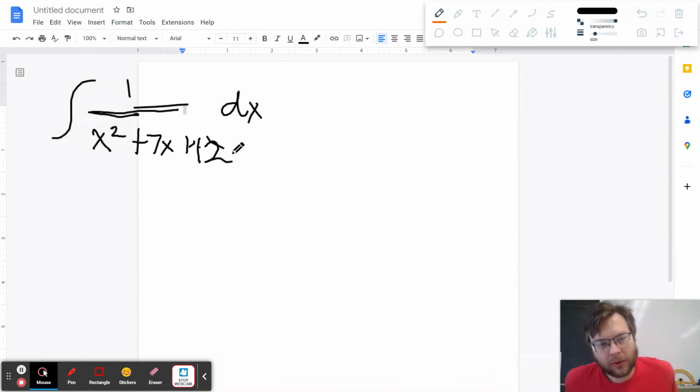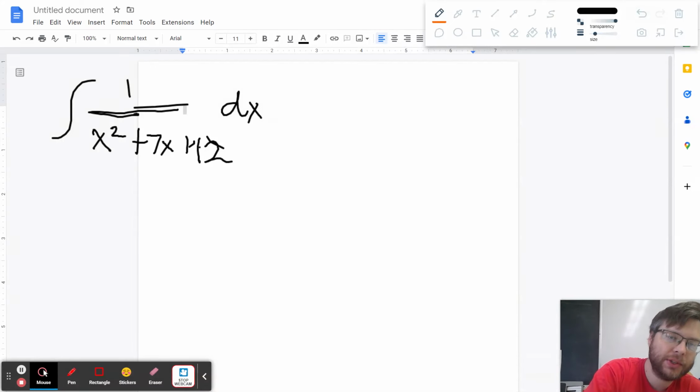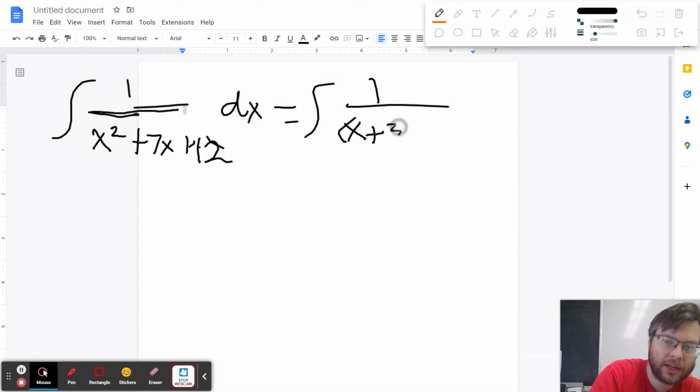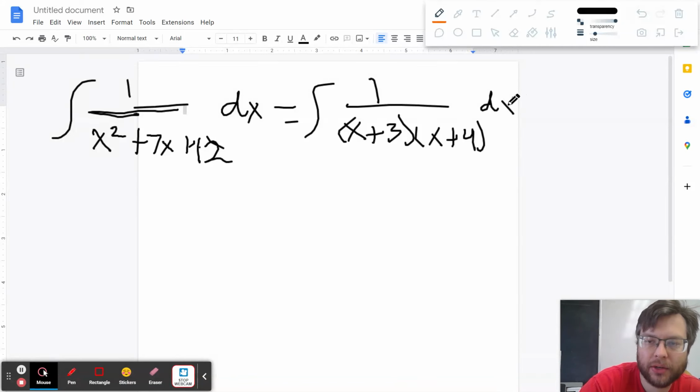Don't do a natural log here because the denominator is not linear. You can only do natural log as the integral of 1 over x, or 1 over ax plus b. So what you do is break this up into two factors, x plus 3 times x plus 4, and find the partial fractions that are equivalent to that.